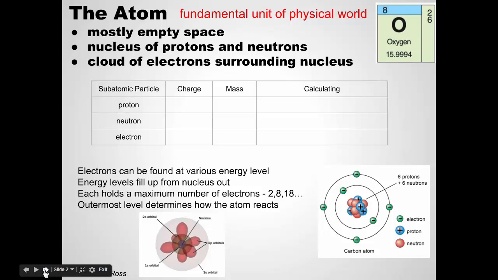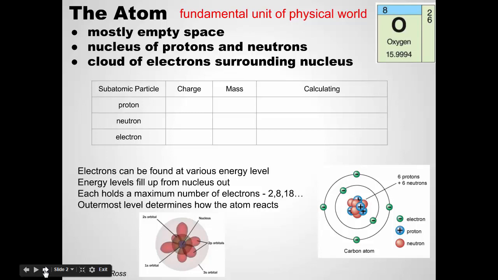But anyway, we have the nucleus, which is the very dense central core of an atom, composed of the protons and the neutrons. Surrounding that nucleus are the electrons. Those particles are called subatomic particles: protons, electrons, and neutrons. We'll summarize them a little.